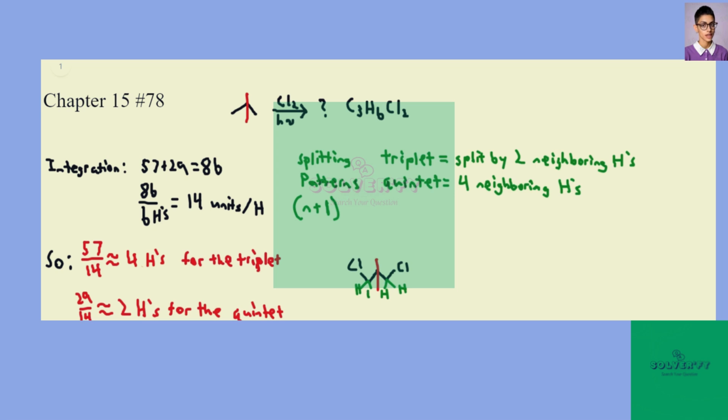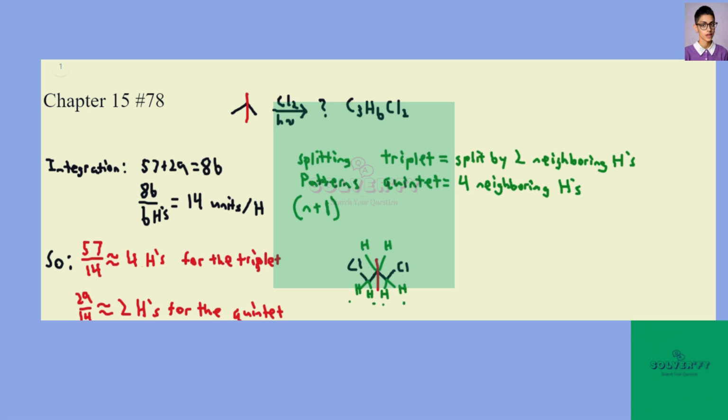And that's our triplet. And it's because each of these protons has two neighbors. And the two neighboring protons are the two protons here on the central carbon. And so those two protons also give rise to one signal, and they give rise to the quintet because these two protons have four neighbors: one, two, three, four.